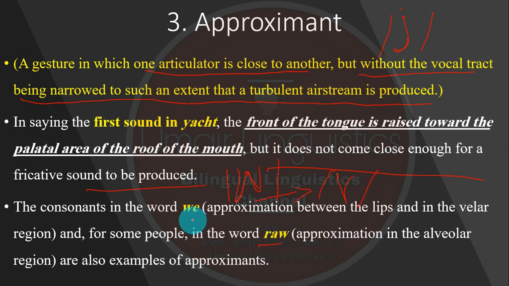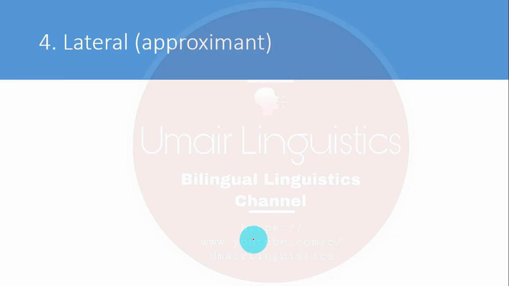In we we have approximation between the lips and in the velar region, and in raw we have approximation at the alveolar ridge, because when we say we, our lips come together and the articulation is at the velar region. And when we say raw, the position of r is actually the alveolar ridge, or just behind the alveolar ridge.